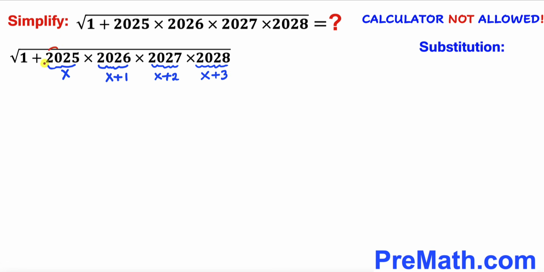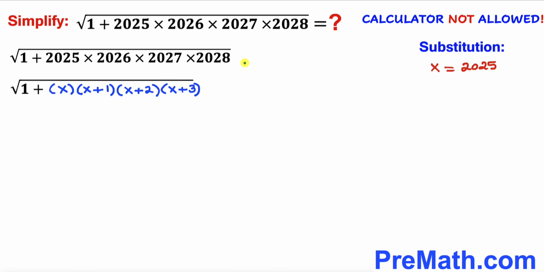So I am going to substitute x equals 2025. If x equals 2025, then x plus 1 has got to be 2026, x plus 2 is going to be 2027, and finally x plus 3 is going to be 2028.